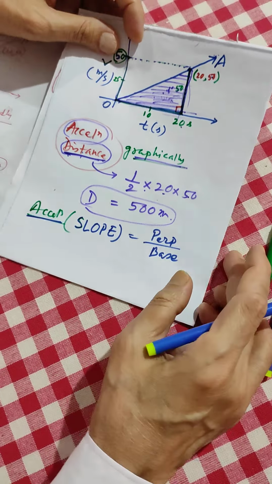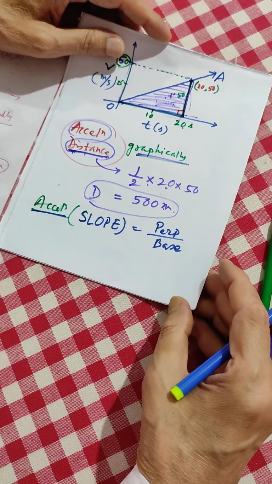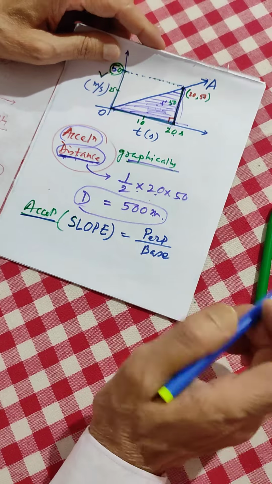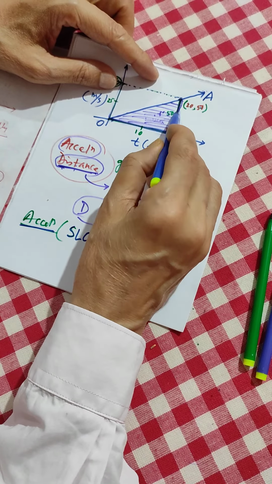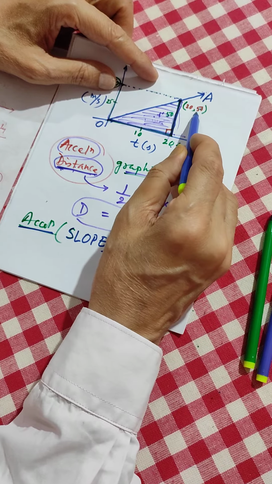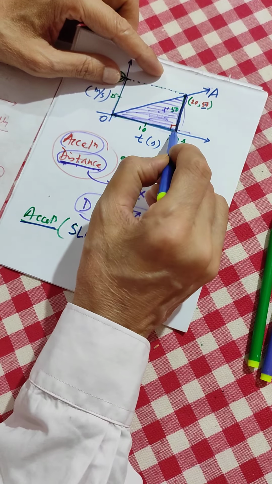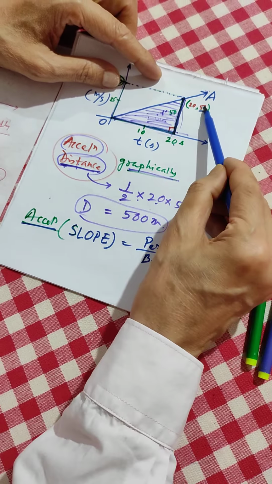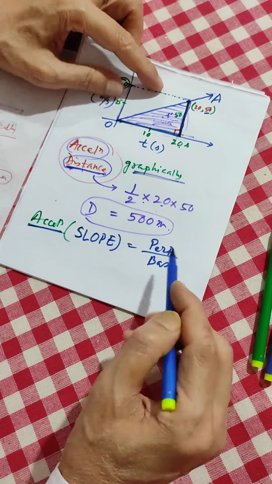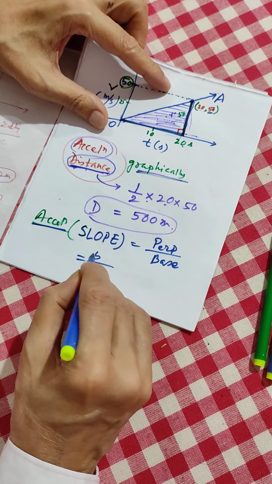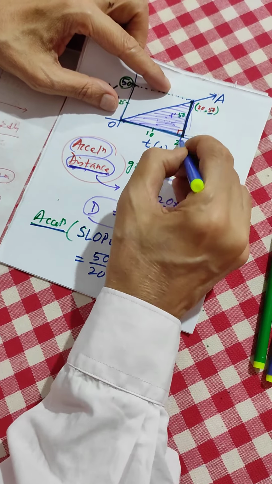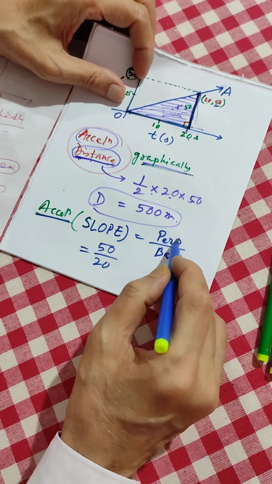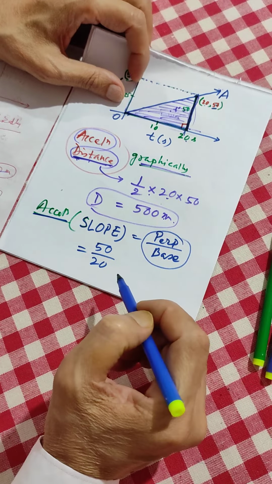When you learn trigonometry, this point will be clearer. This is the perpendicular, this is the base, or you can say this is the y coordinate and this is the x coordinate. So whichever way you say it, 50 by 20.